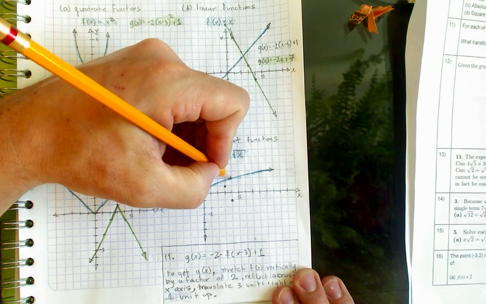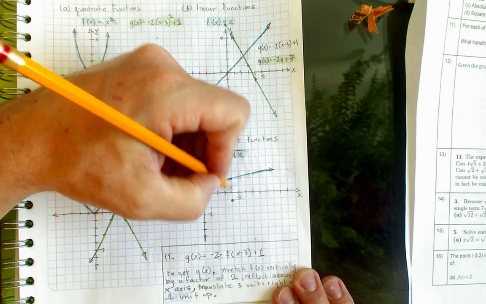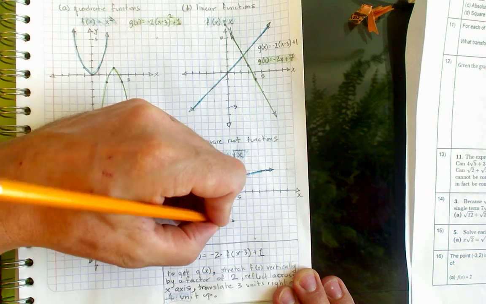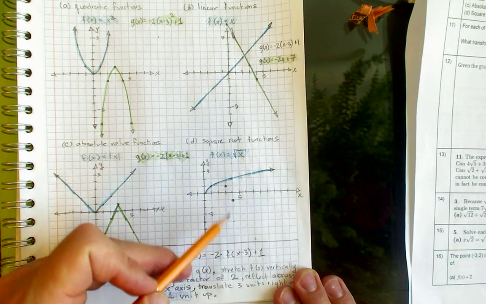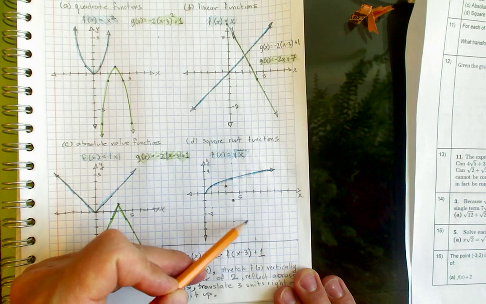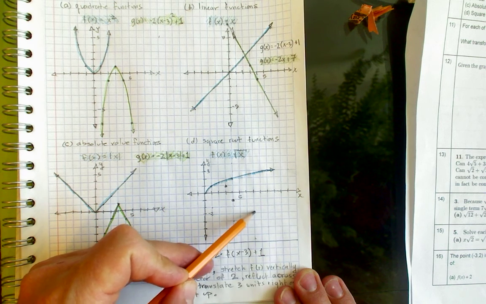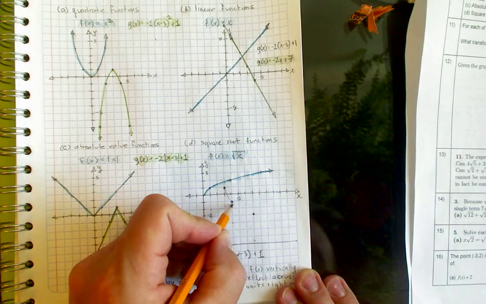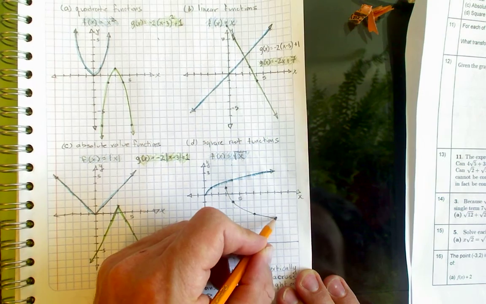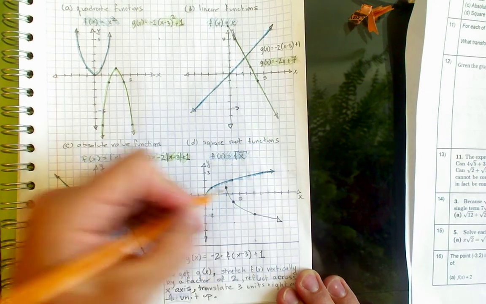This point here, stretch it, reflect it, and then translate 1, 2, 3, up 1. So here's my new function right here. And I'll just extend that right there like that.